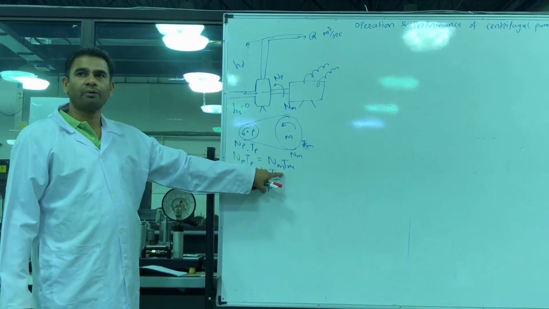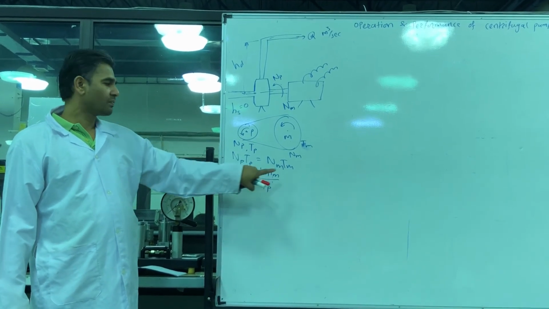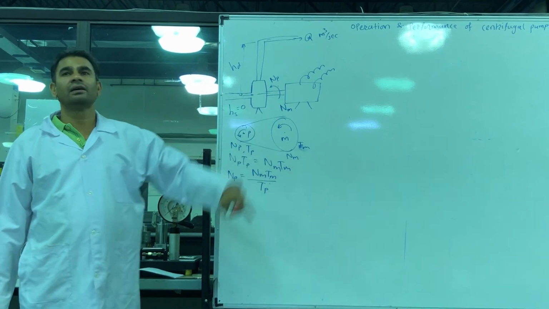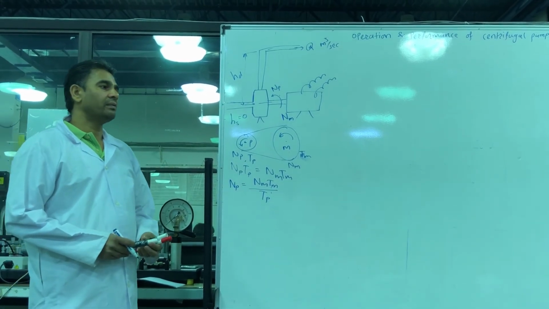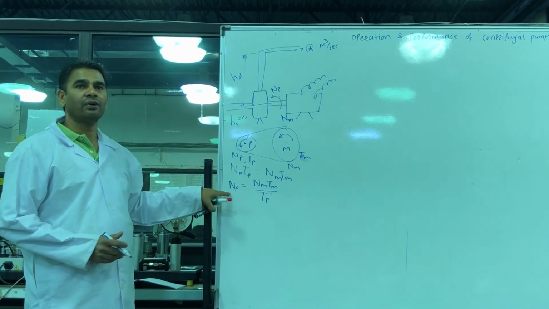We can measure the number of teeth on the gear on the motor, and the RPM we can take from the RPM meter. We can measure the speed and find NP.